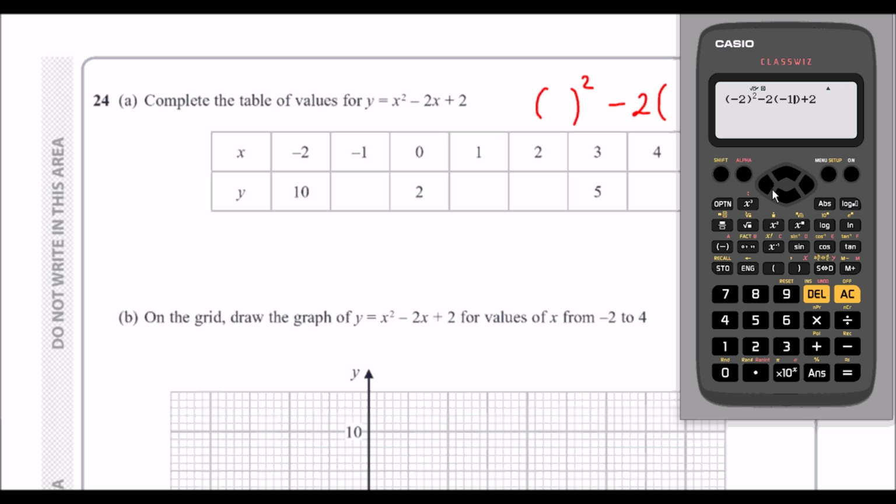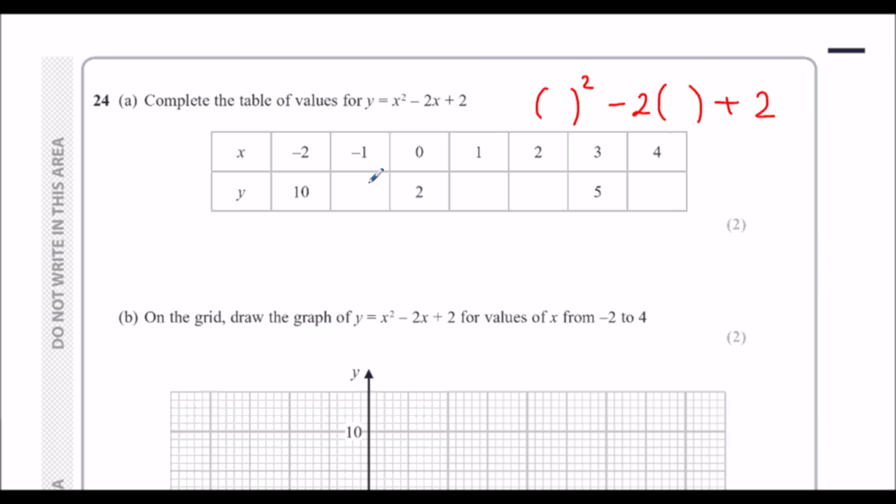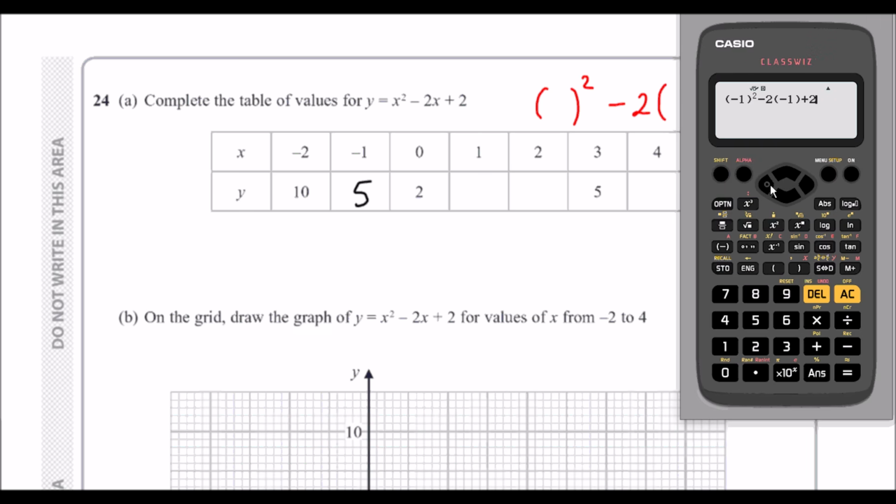So -1 inside the brackets gives me a 5. So -1 is 5. Let's do +1 now. That's a 1.